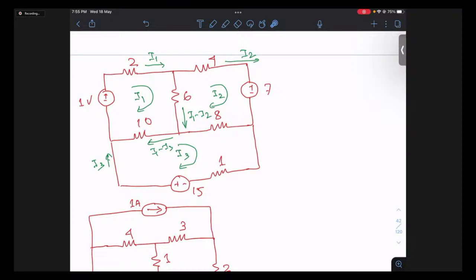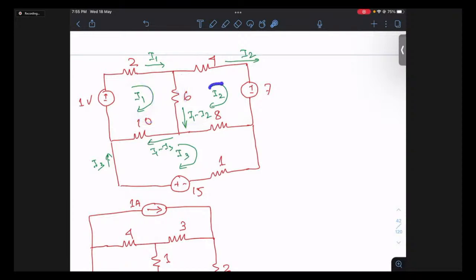So the moral of the story is, if you are taking a current as reference and you move clockwise, then for the resistors common between two meshes, the current will be that mesh current you are moving with respect to, that is I1, minus the other mesh current. So here, if I'm taking the reference of I1, this current is I1 minus I2.